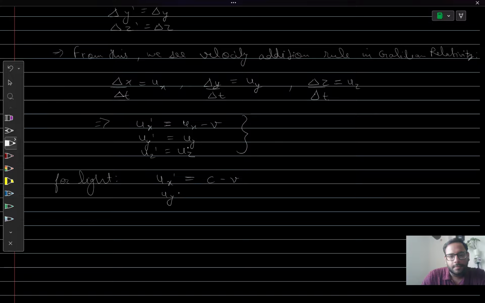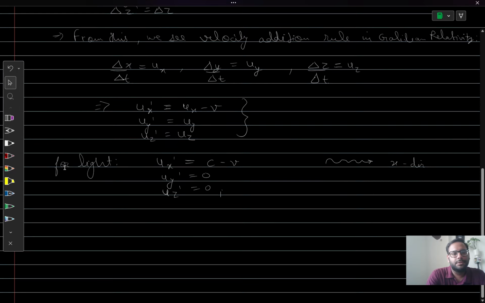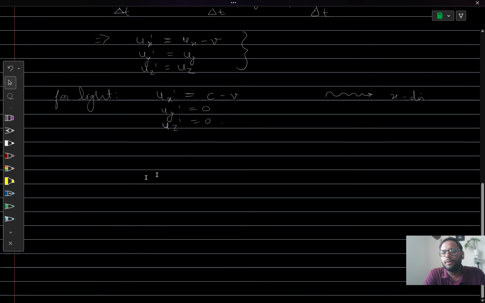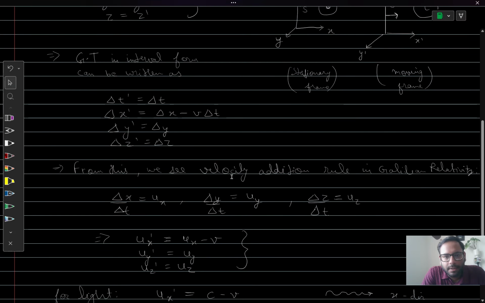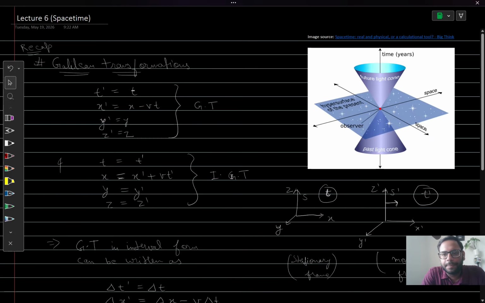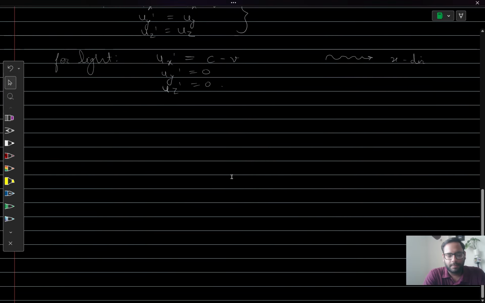Suppose the light travels only in the x direction, so it will not have any y or z components in both frames. So these will be the transformation equations for light or a photon. You can consider anything that travels with the speed of light. So this is about my Galilean transformations.